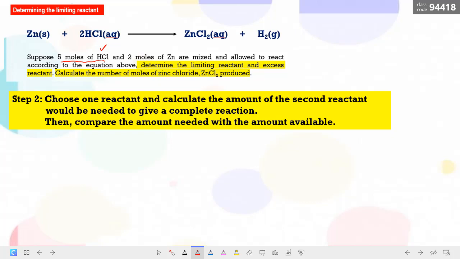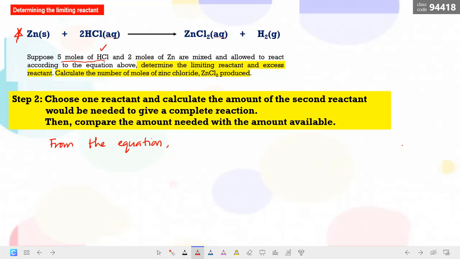So in this step, you have to refer to the balanced chemical equation. Okay, how to do this? For example, I have 5 mole from the equation. So from the equation, refer to the balanced chemical equation. Let's say I start with hydrochloric acid.